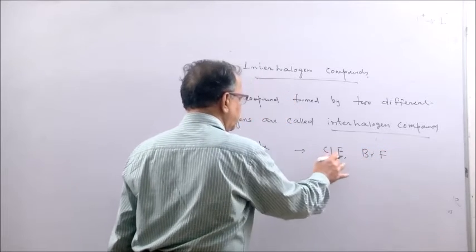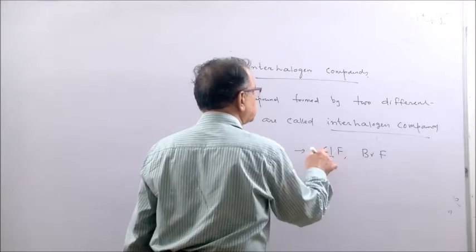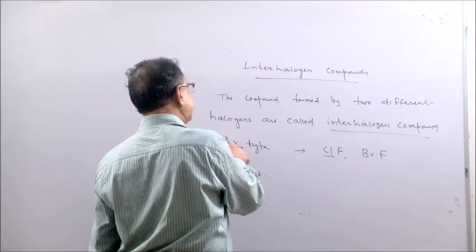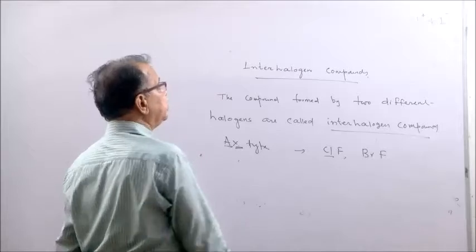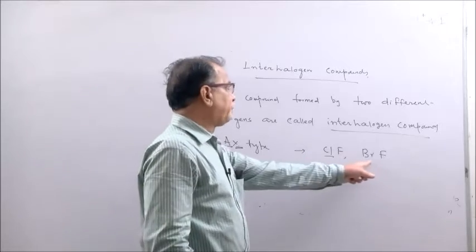Here A is Cl and X is F, so it is called AX type. Then it is called an interhalogen compound.